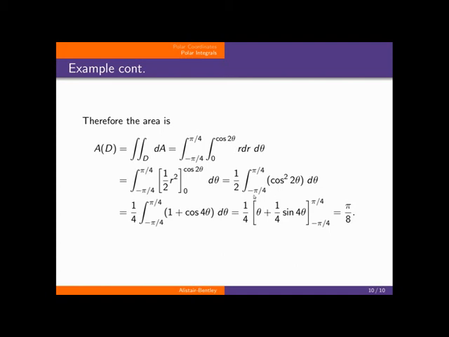So that's going to leave us with 1/2 cosine squared 2 theta. And then we want to integrate this equation with respect to theta. Using the double angle formula, we can get a simpler representation for the cosine function. And then we just follow through with the definite integral as from calculus 2, and we end up with the result of pi over 8.